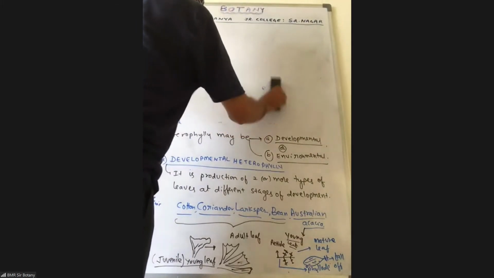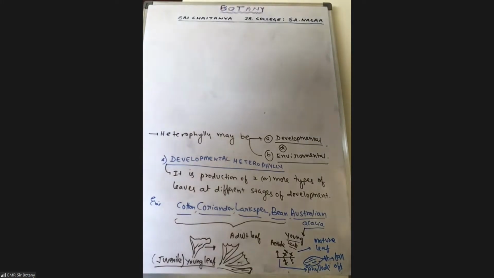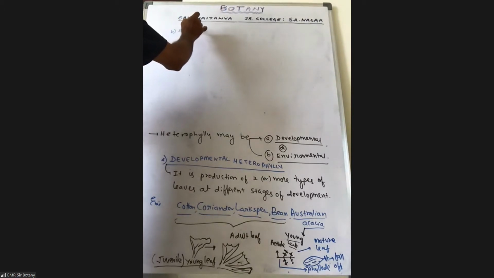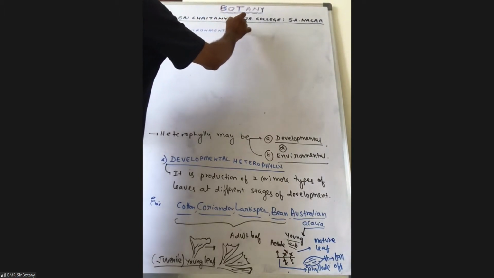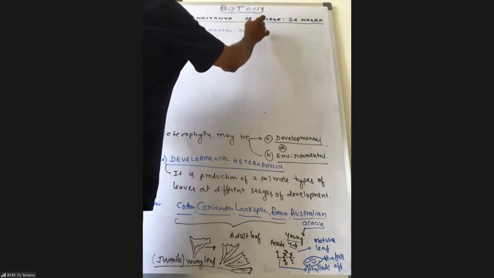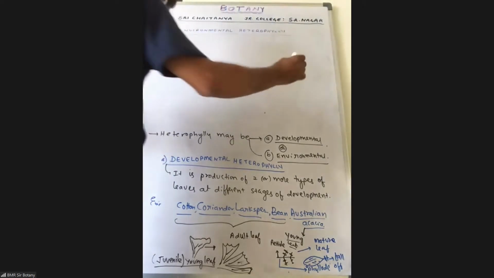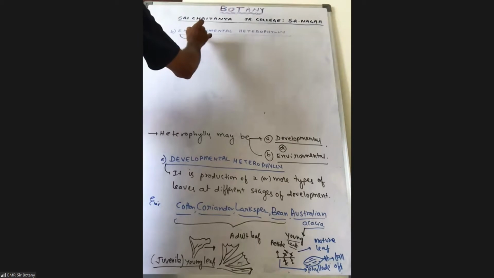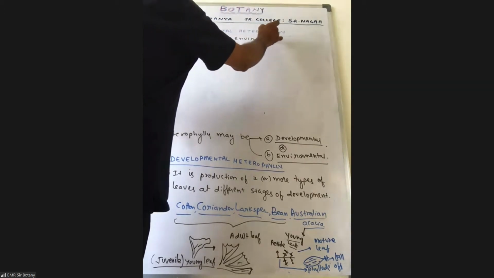Environmental heterophily is due to the environment in which they live. The second type is heterophily due to the environment: two or more types of leaves due to the environment in which they live.